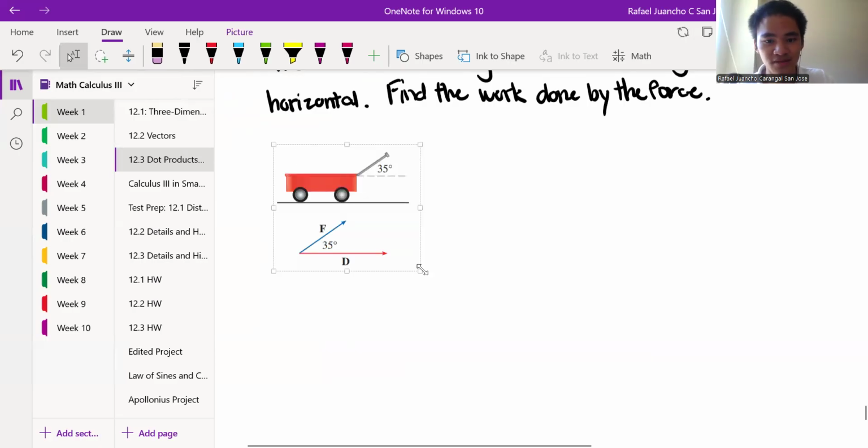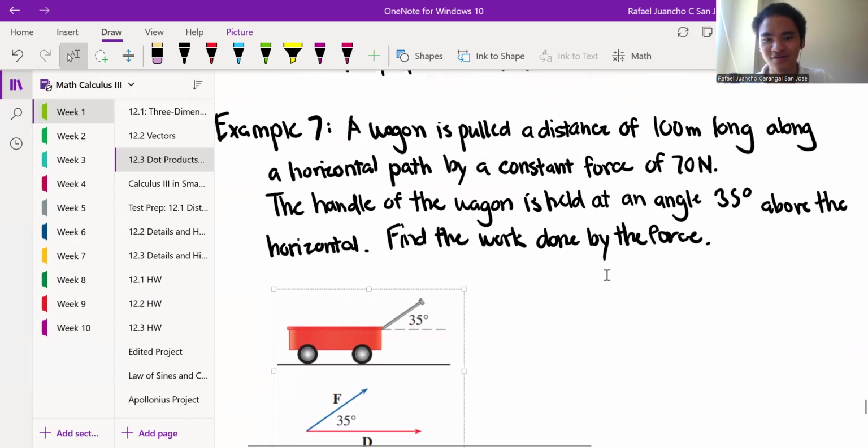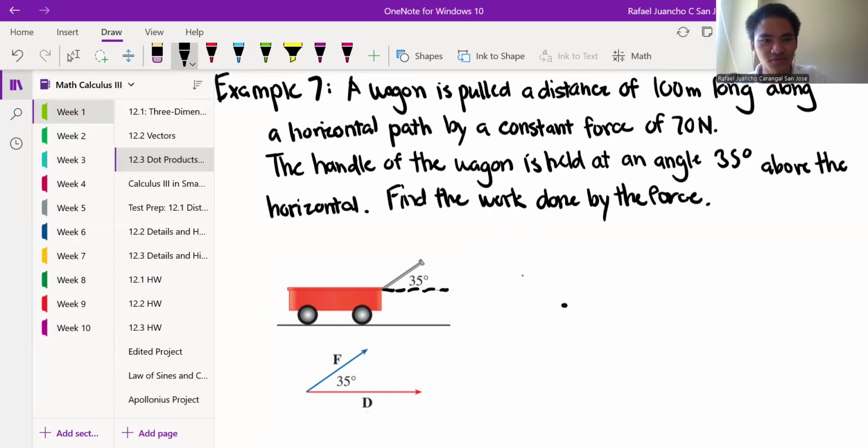There we go. So yeah, here we have the wagon. And I think the horizontal that it's saying is this horizontal right here. The horizontal, it's this one. Okay, anyway, let's go through it.